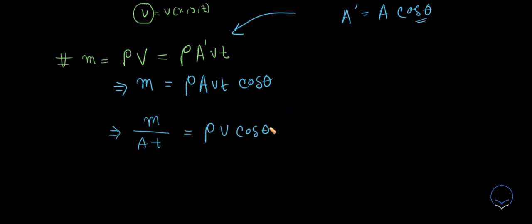And let's call this quantity, this rho v over here, phi, some phi. So this will be phi cosine theta, and this will be useful for the things to come that I am going to talk about right now.